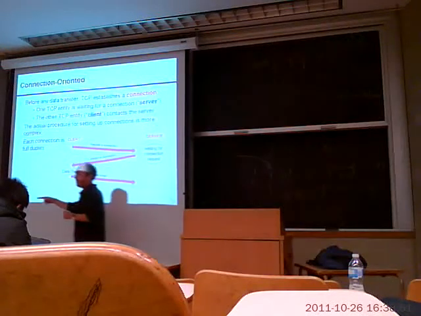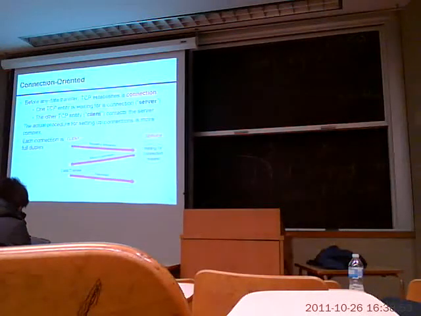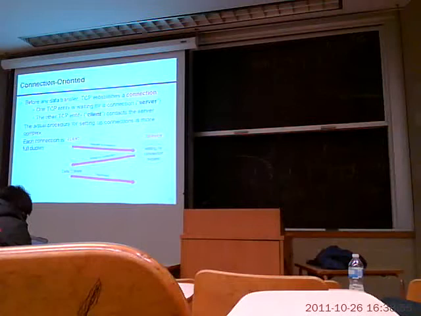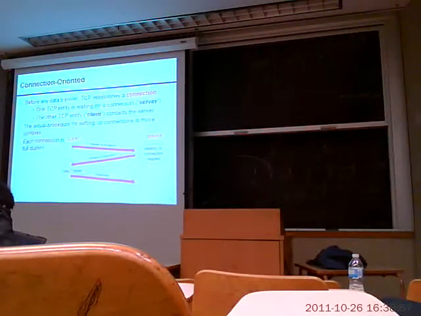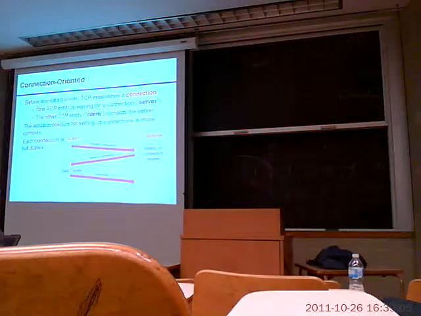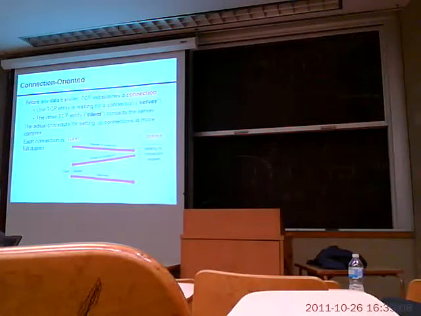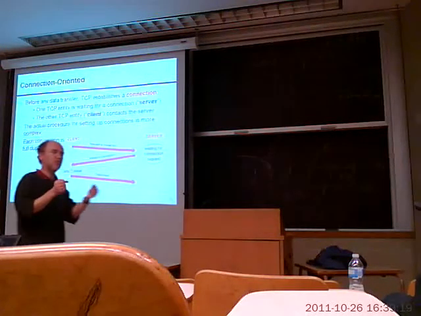TCP is connection oriented. What that means is essentially a client-server type of interaction. The server is the passive part. The client opens a connection to the server, the server acknowledges, then the data transfer starts. Once the connection is set up, it's not important who's the client and who's the server.